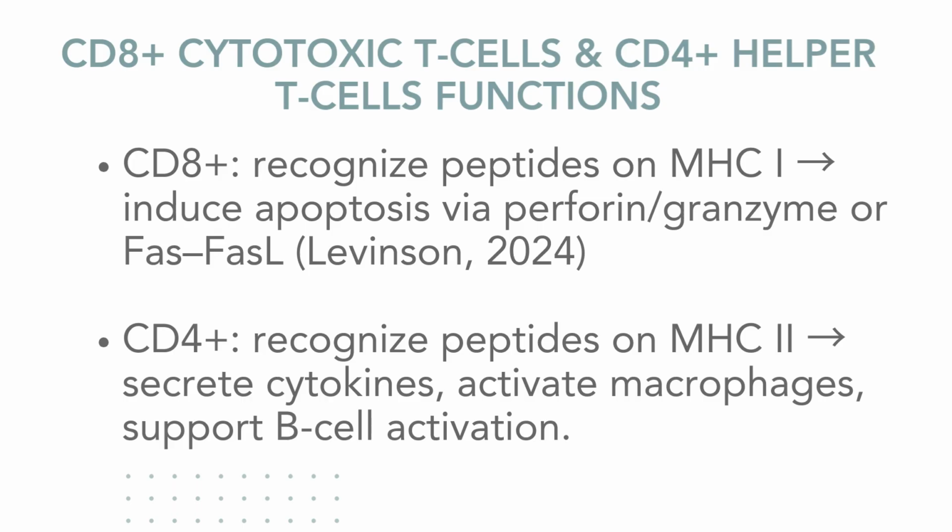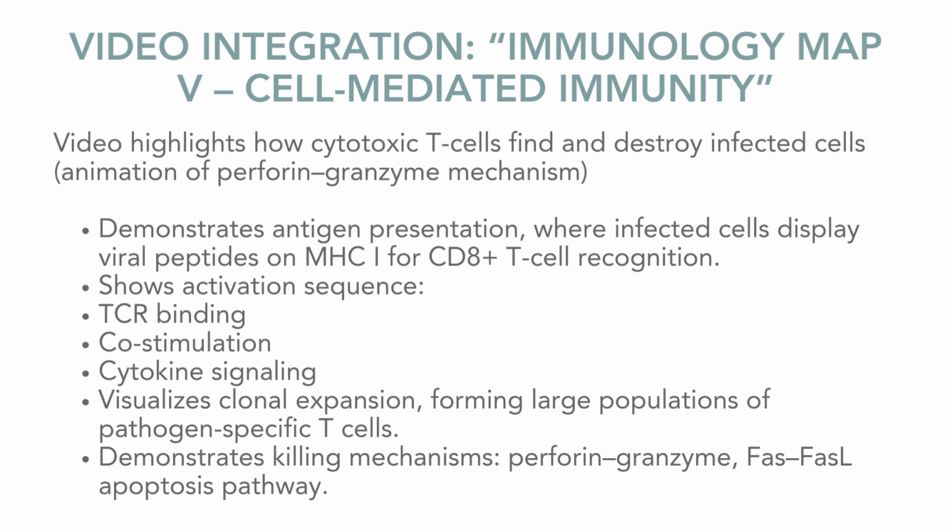CD4 plus helper T cells, on the other hand, recognize antigen presented on MHC class 2 and release cytokines that activate macrophages, support B cells, and enhance inflammation. These helper T cells essentially act as coordinators for the immune system response. To better visualize these mechanisms, let's take a look at what the first video entailed.